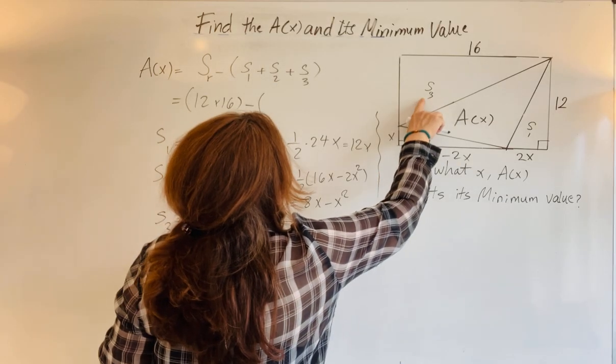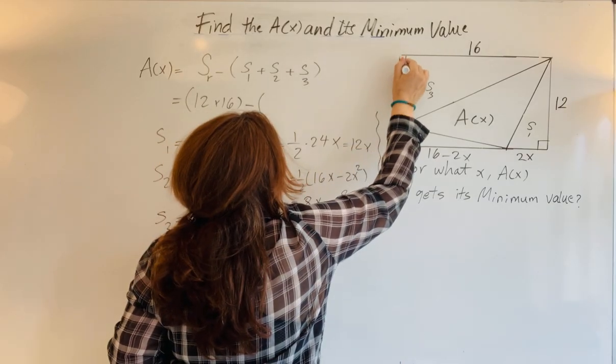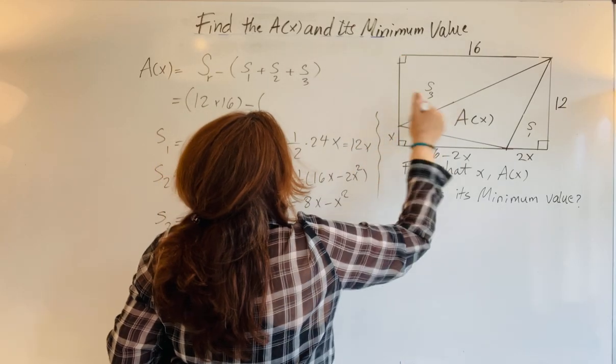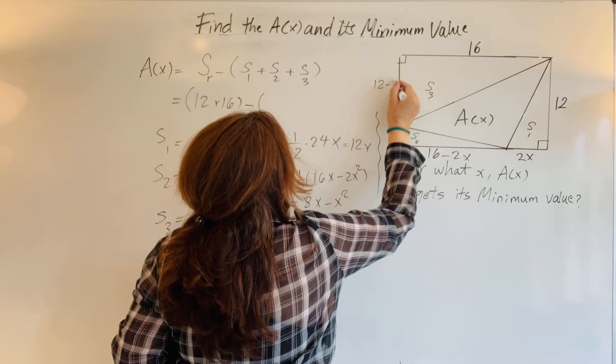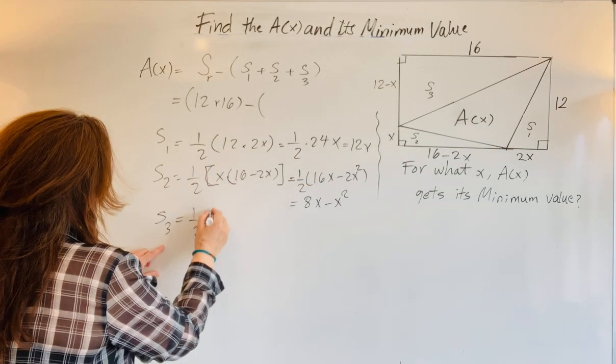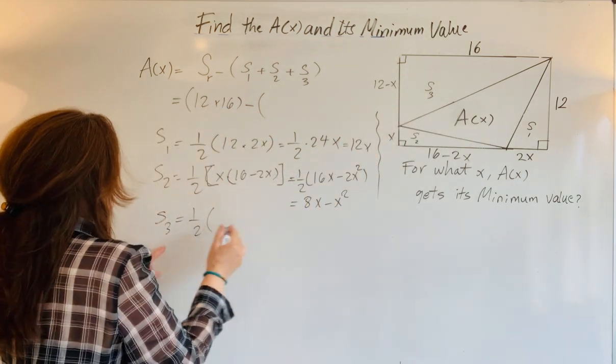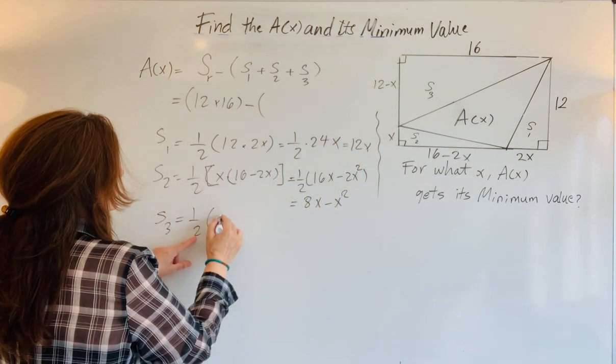How about S3? S3 is this one. This is 16, and how about this? This is x, so this is 12 minus x, right? In the same way, 16 times 12 minus x divided by 2.